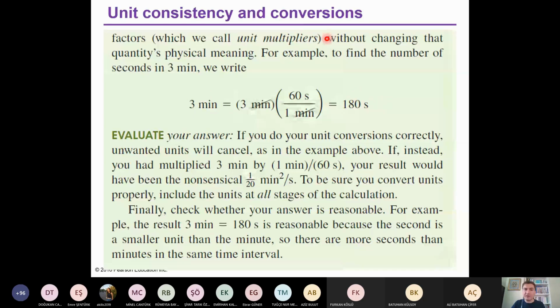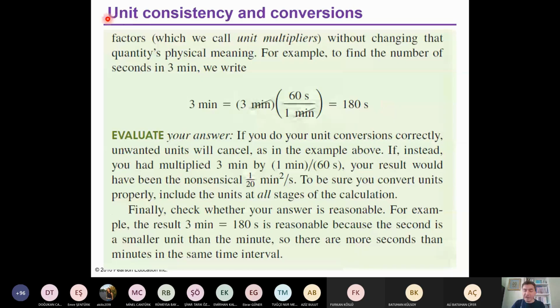So put it here. This minute will cancel this minute and we will have second here. 60 times 3, we will have 180 seconds. So we converted minute to the second, okay? This is the unit for the time. This is unit for the time. So we have unit consistency, okay?